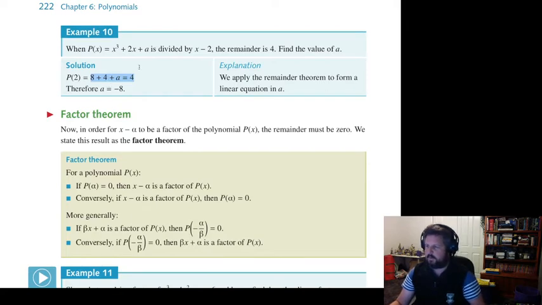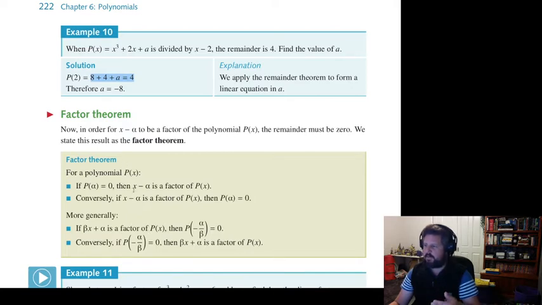The good news is we can build upon the remainder theorem to bring us to the factor theorem, which basically says if you have a linear factor and you do the remainder theorem, and it comes out as equal to 0, it therefore would be a factor because it fits in evenly. So essentially that's what this is all saying about the factor theorem.